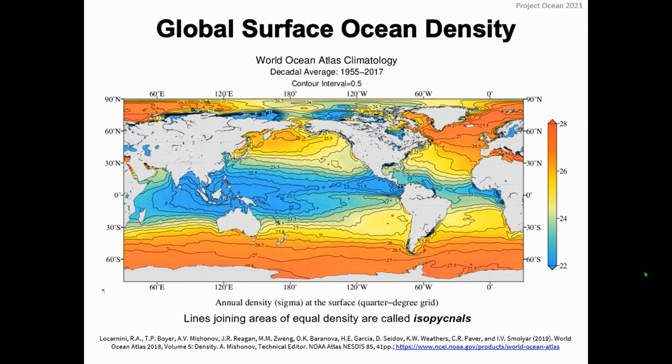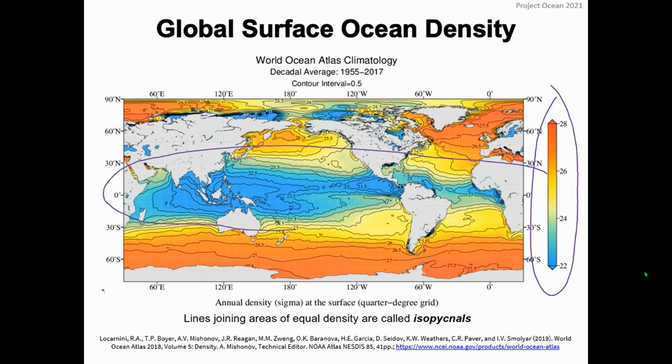Putting it all together, again, this is a World Ocean Atlas climatology, a decadal average from 1955 to 2017 showing global surface water density. Look at the range from about 22 kilograms per meter cube to an excessive 28 kilograms per meter cube. Not surprising, we find our lowest densities here in the tropics, where we also find our highest temperatures.